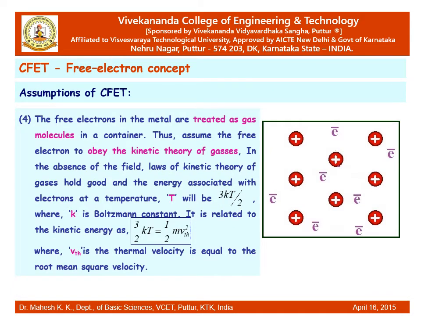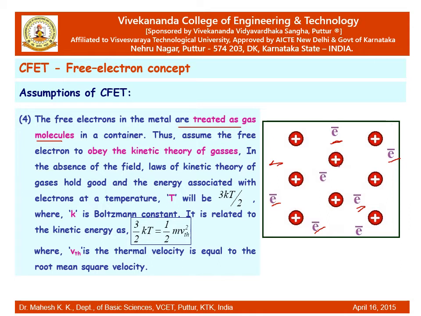In the fourth assumption, the free electrons in the metal are treated as gas molecules. These are the free electrons. You remember, this is the second assumption from the previous slide, that there are electrons which are free to move. So in the fourth assumption, these free electrons are treated as gas molecules, present throughout the entire material. So they are like gas molecules.